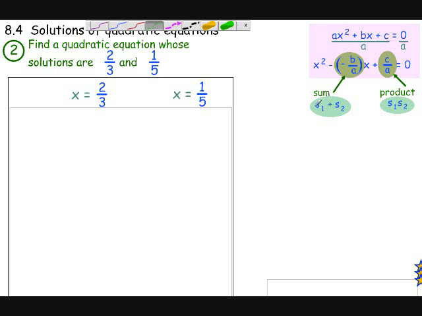We're going to go for the sum, and that'll be equal to negative b over a. Well, what is the sum of these two things? Yikes! We have to get a common denominator, right? I'm going to do it up here. 2 over 3 plus 1 over 5. What would our common denominator be so that we can add these two fractions?